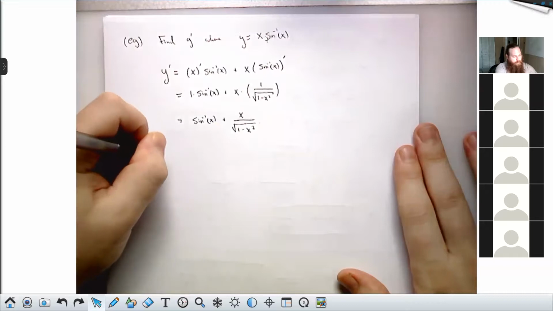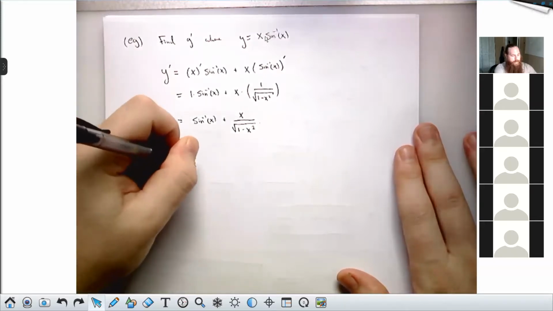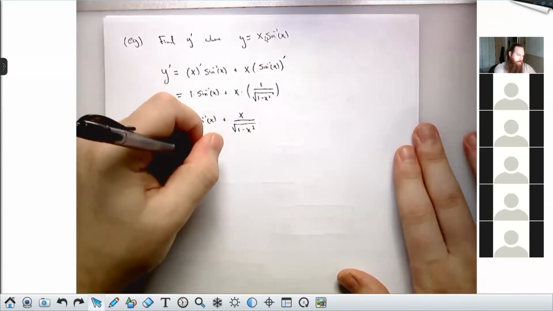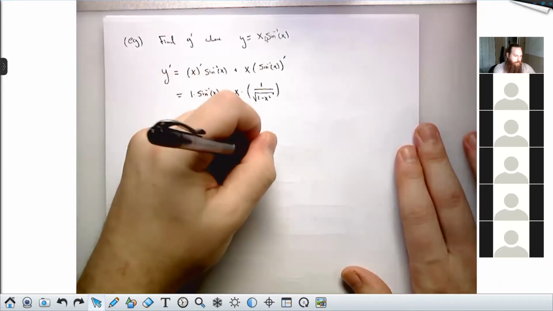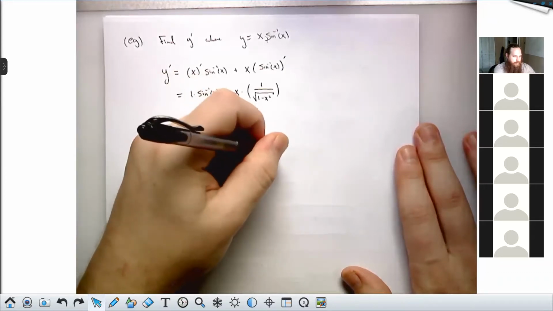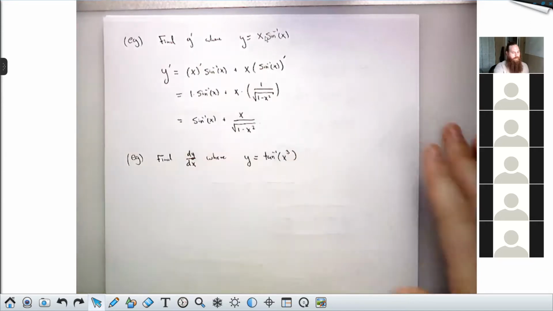We could find dy/dx, where y is equal to the inverse tangent of x cubed.